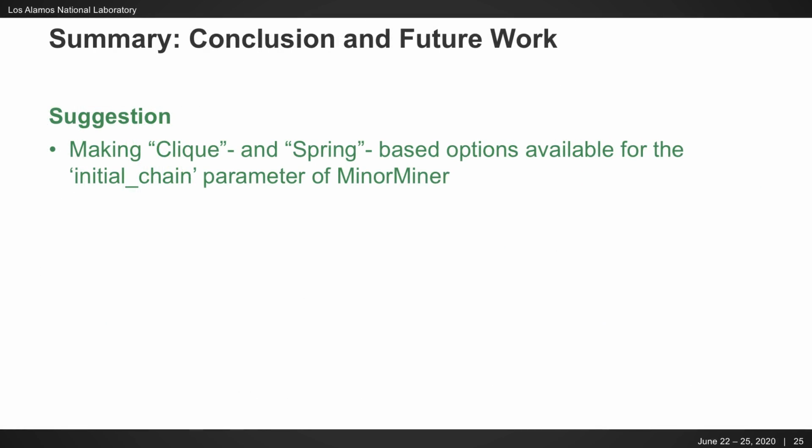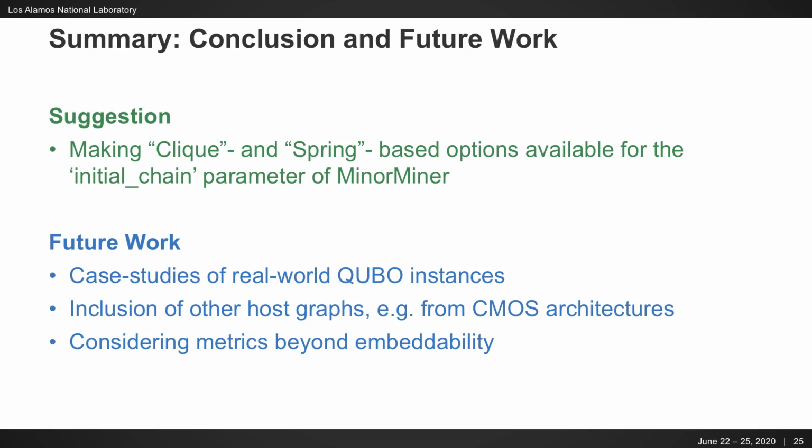So in conclusion, we suggest that making clique and spring-based options available for the initial chain parameter of MinorMiner could be really helpful once Pegasus comes out. We also have future work which we would be interested in doing. We'd be interested in doing case studies of real-world QUBO instances instead of just random graphs.